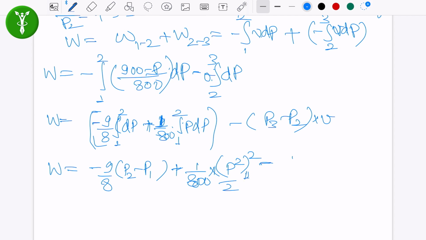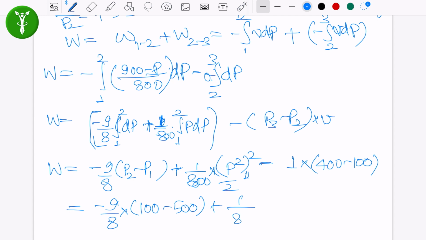Let's put the values here. V is 1, P3 is 400 minus the second, 100, right? Minus 9 by 8, P2 minus P1, 100 minus 500, plus 1 by 800 into 2, it will make P2 square minus P1 square, right? We can write it like P2 plus P1 and P2 minus P1, okay.